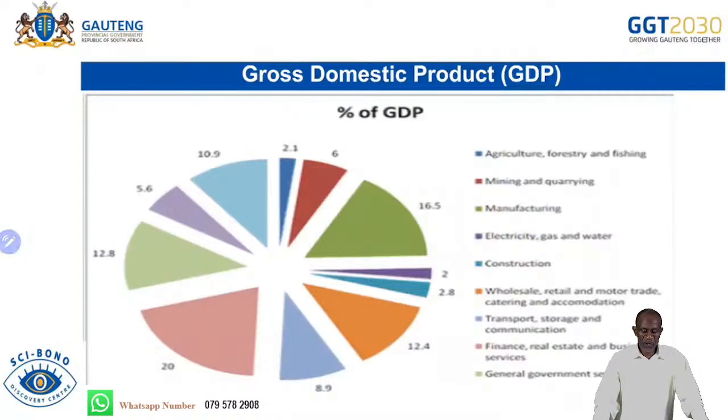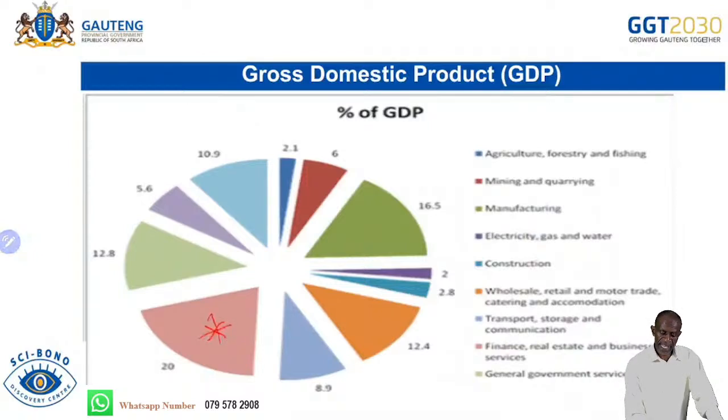Gross domestic product, here the slide indicates how it is divided according to contribution from different sectors of our economy. As you can see, high on the list, it is this one at 20.